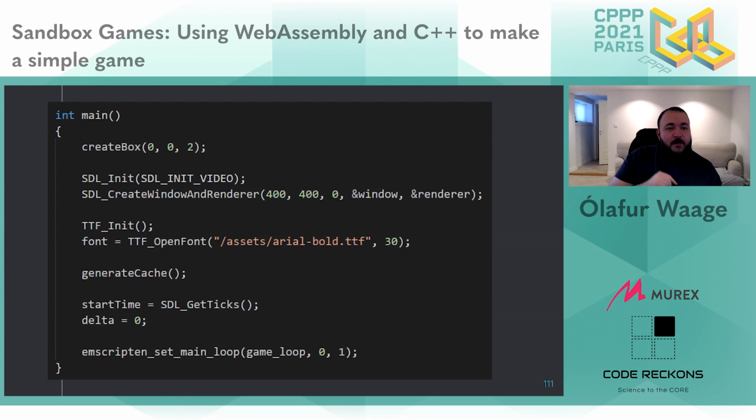So I'm initializing SDL, and I'm creating a window and renderer that's 400 by 400. I'm initializing the TrueType fonts and opening the font file. And at the bottom you can see the Emscripten set main loop is GameLoop.